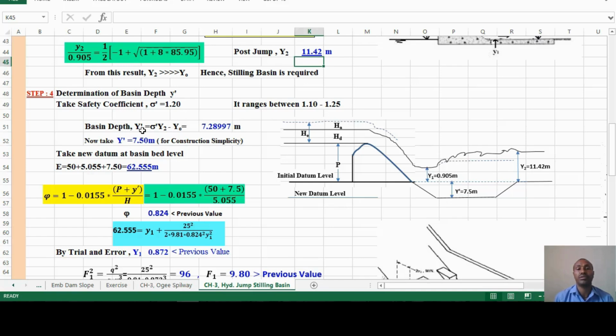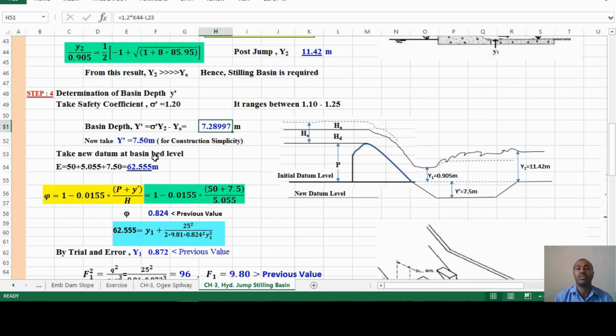So basin depth y prime equals sigma prime times y2 minus y0, and you get this value. This is the basin depth. For construction simplicity, you can take 7.5 meter, which is an appropriate dimension for construction.